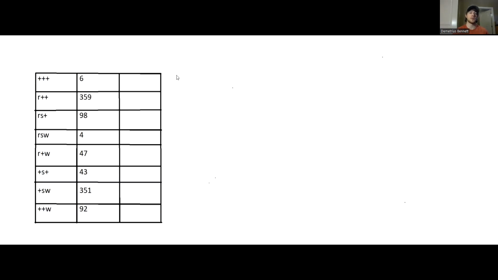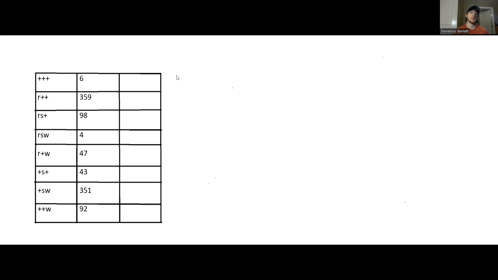I'll show you the example that I have here. I have a population of 1,000 individuals listed here, and the different phenotypes and the number of individuals with that phenotype in that population.